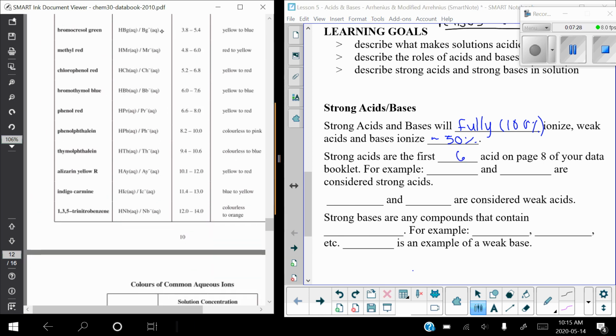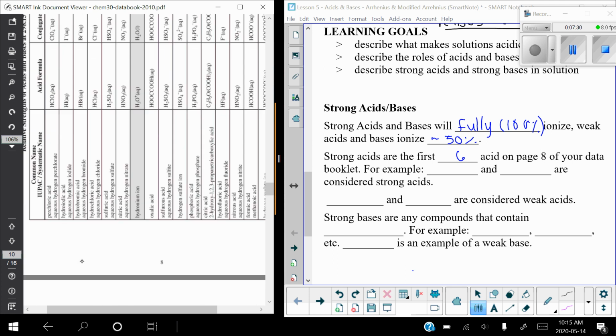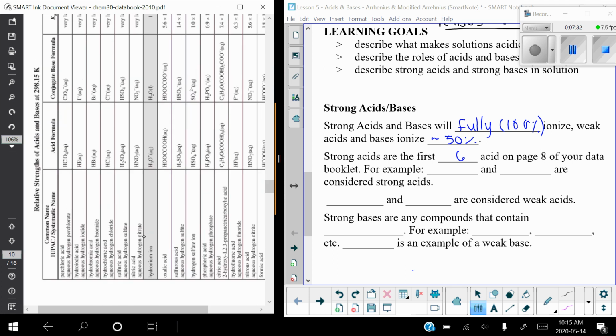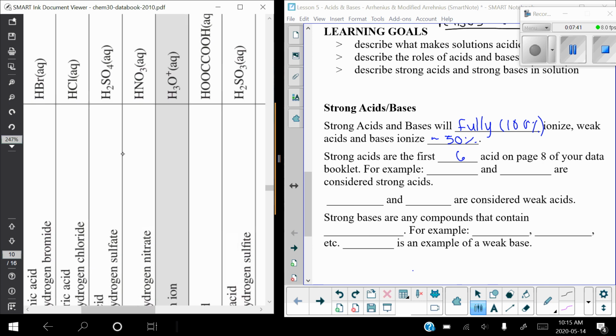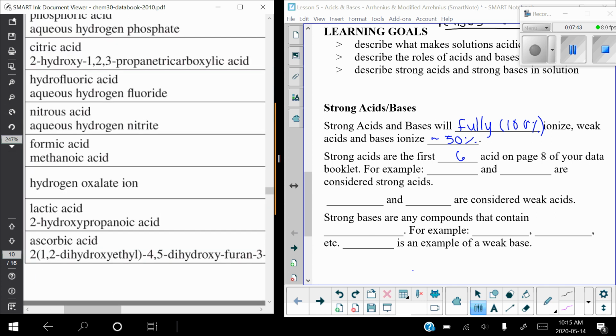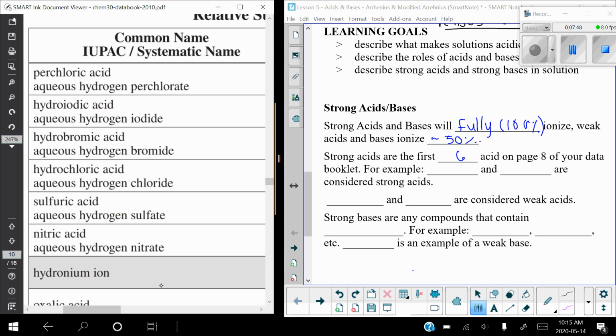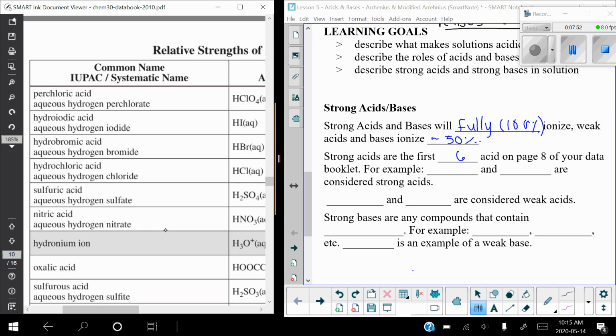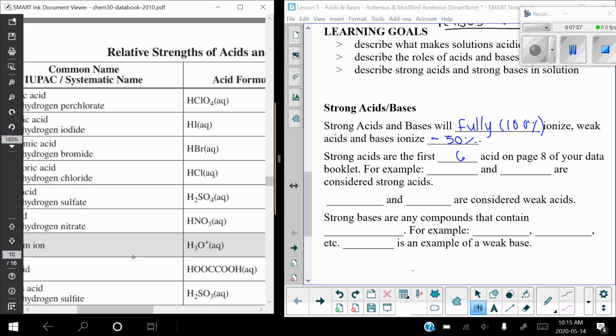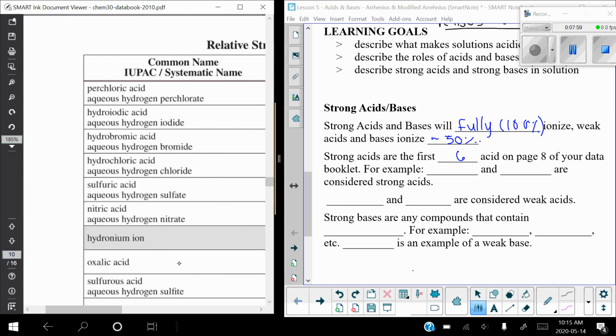So if you go to page 8 in your data book, you'll see that the first 6 right above the hydronium ion are considered strong acids. So I'm talking about, let's see if I can rotate this, yes. Perchloric acid, hydroiodic acid, hydrobromic acid, hydrochloric acid, sulfuric acid, and nitric acid are all considered strong acids.